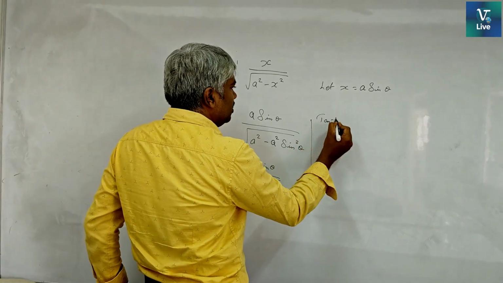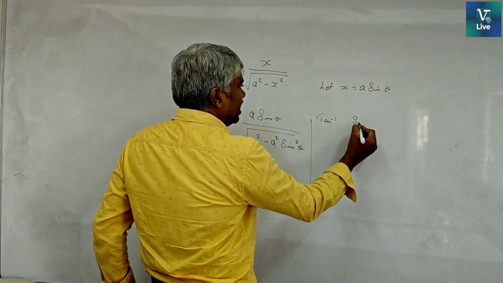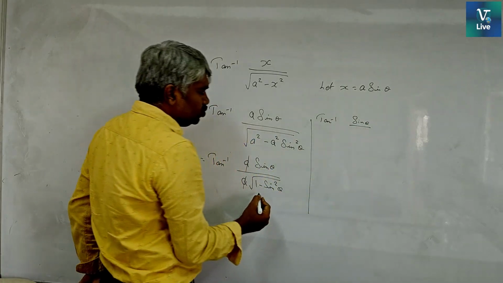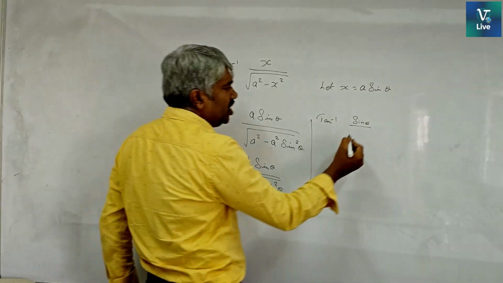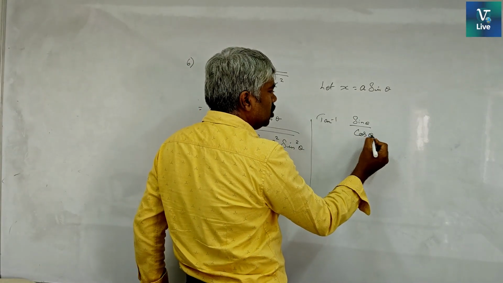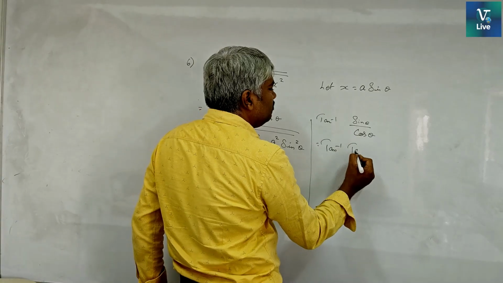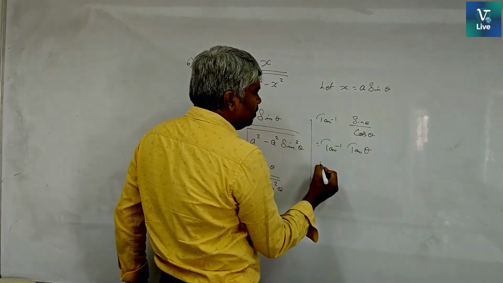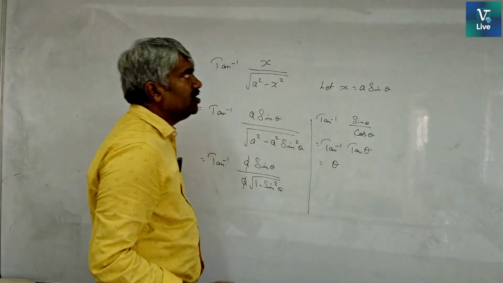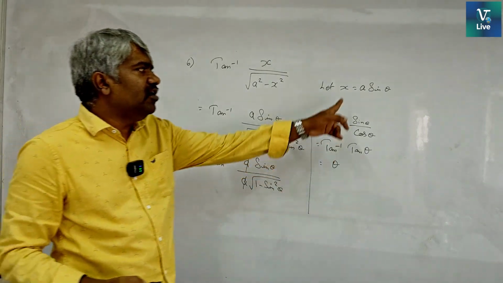So tan inverse of sine theta. What is 1 minus sine square? Which is cos square. So root of cos square is cos theta. So tan inverse of tan theta, which gives theta. Now we need to derive the value of theta.